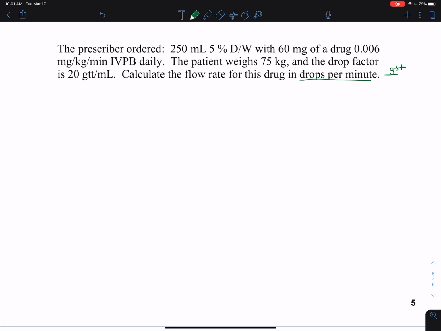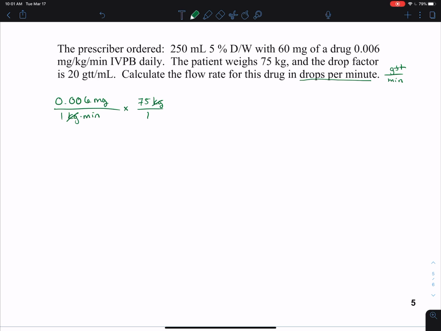So I'm going to start with that compound rate the way it's given to me, that 0.006 milligrams over 1 kilogram per minute, because I already have minutes in the denominator. Now I'm going to use the problem to get rid of the milligrams and the kilograms. They tell me that the patient weighs 75 kilograms, so I'll start there.